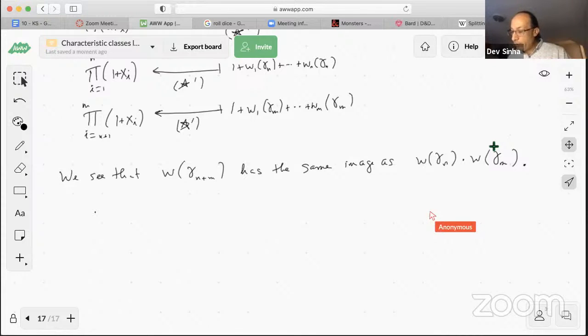This is a calculation in the cohomology of a product of RP infinities.